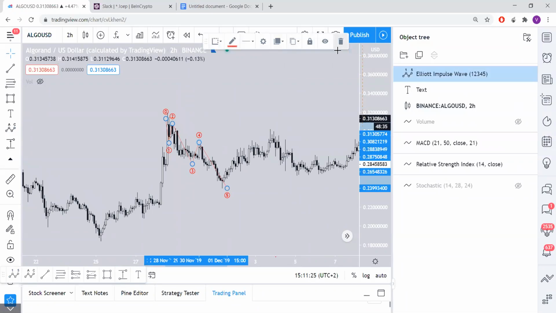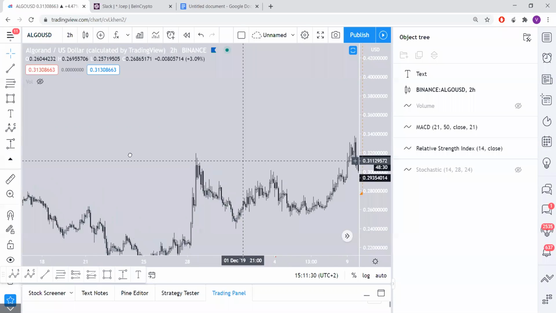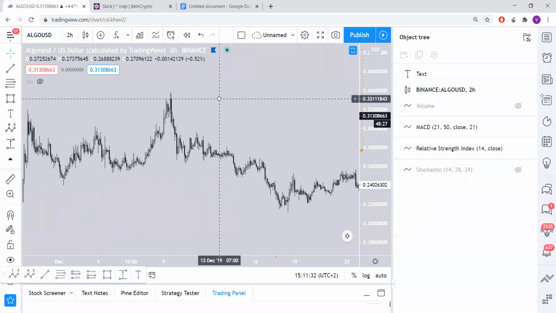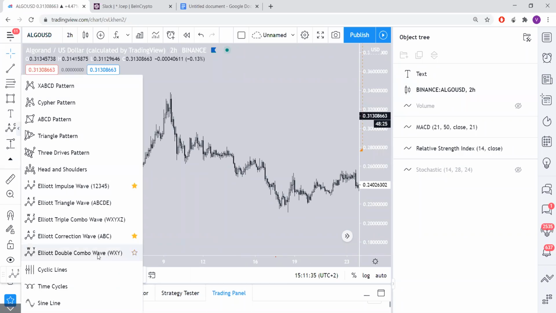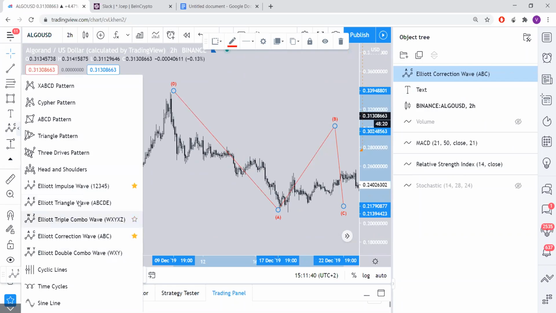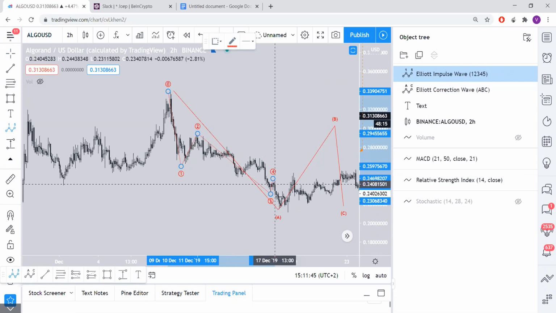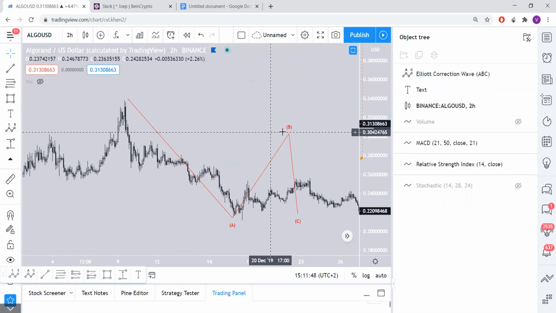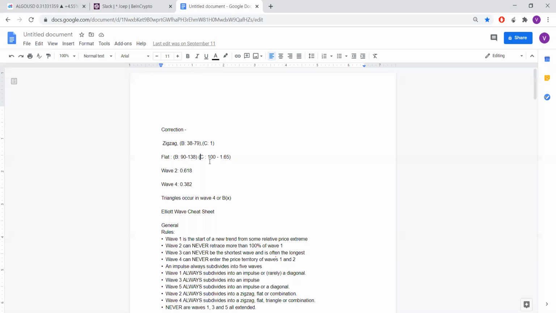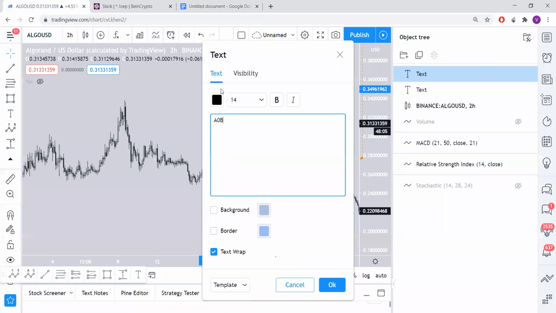But the subwaves of an ABC correction have to follow the basic impulse rules. So if wave A, say that this is an A for the sake of argument, wave A has to follow the basic impulse rules, and so does wave C. So wave C is always, let's write them down, A. Wave C is always an impulse.